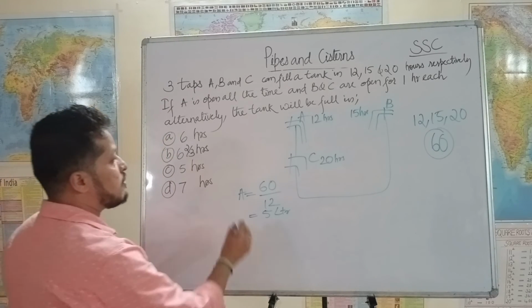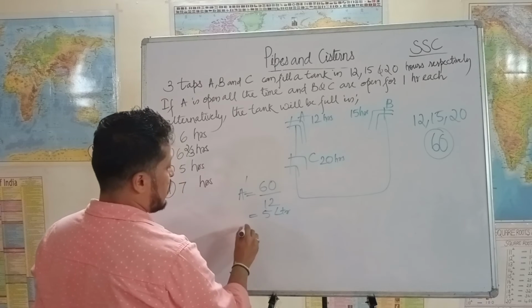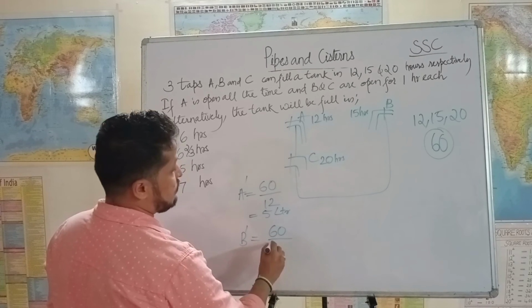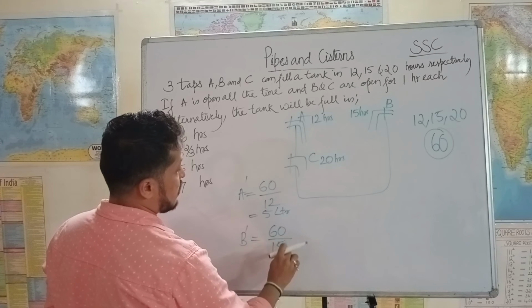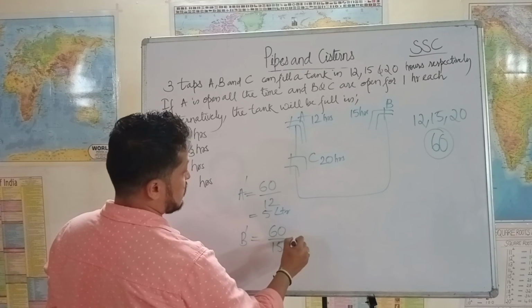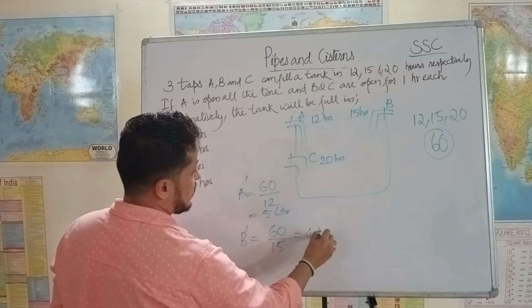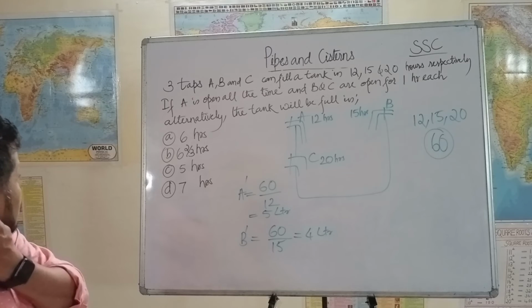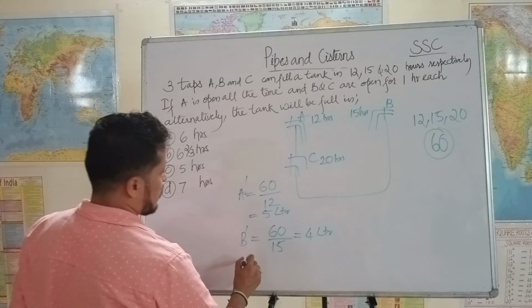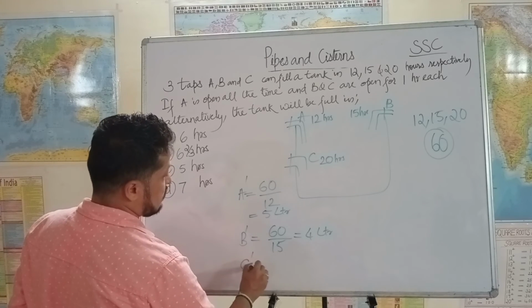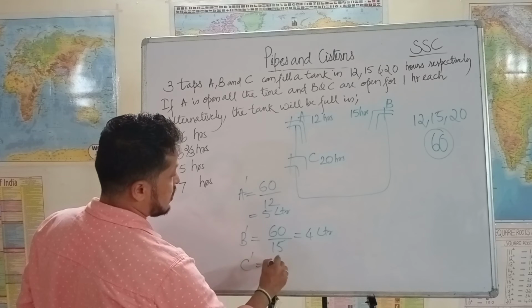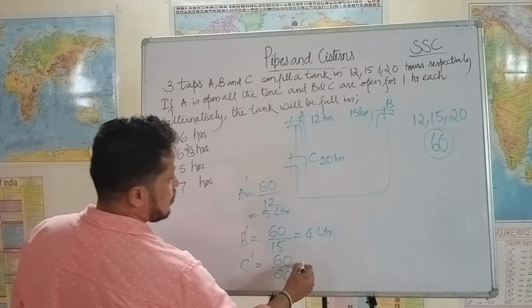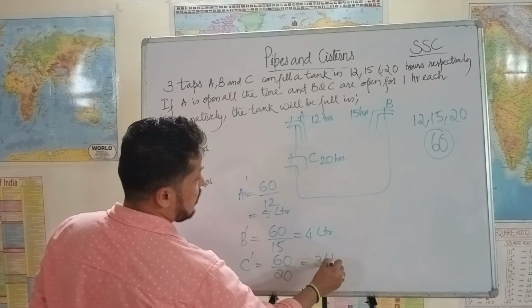Similarly, B can fill 60 liters in 15 hours, which means 4 liters every hour. And the efficiency of C is 60 liters in 20 hours, which is equal to 3 liters every hour.